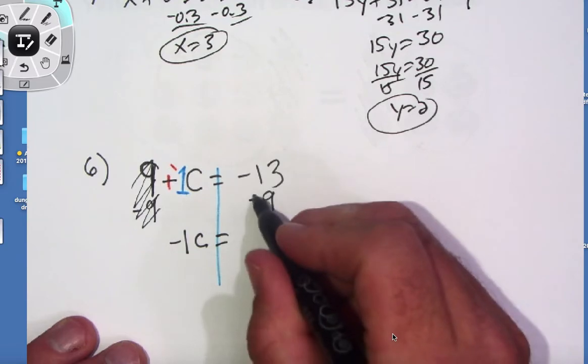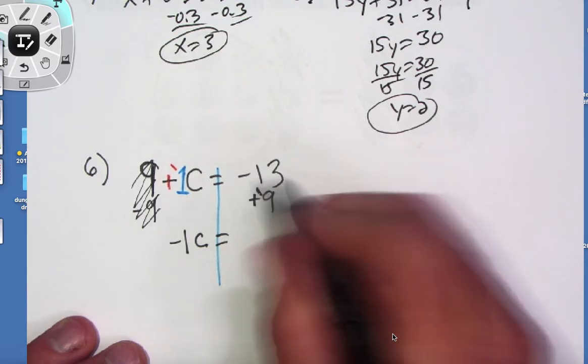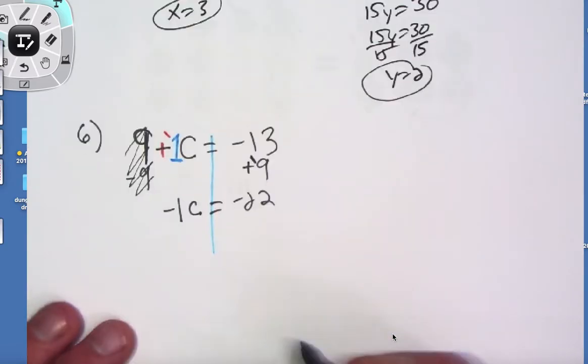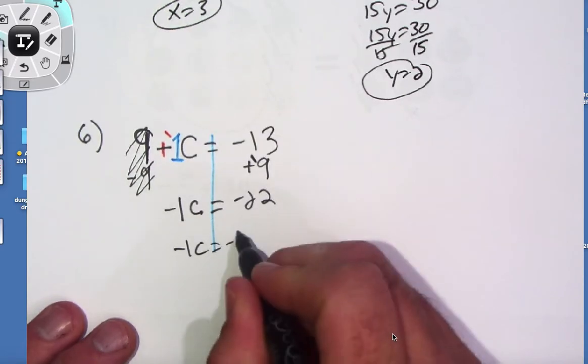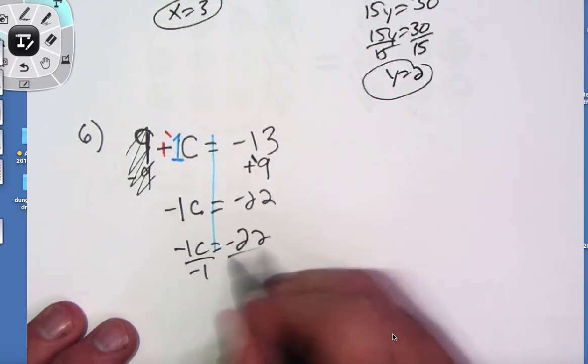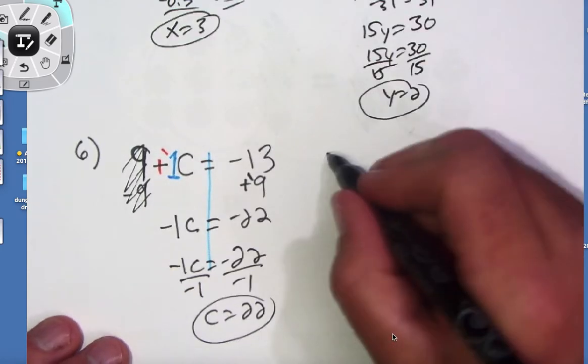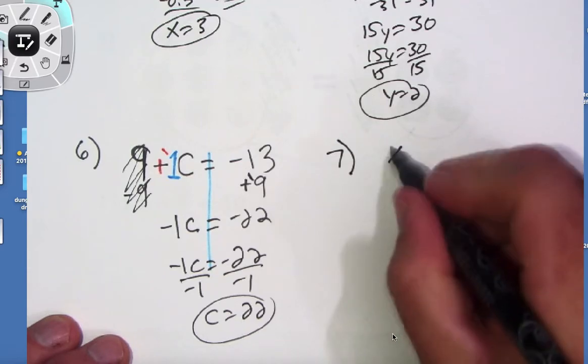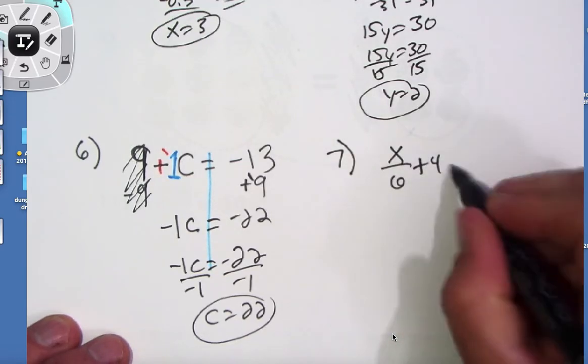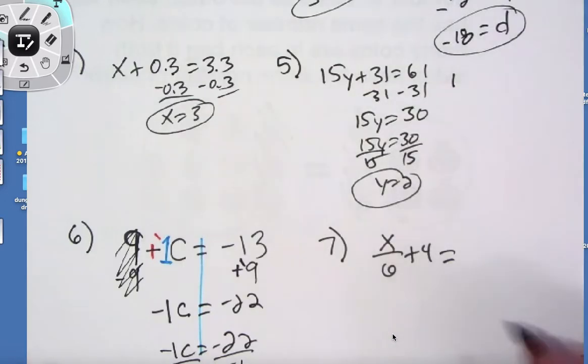Negative 13 minus 9 is the same thing as negative 13 plus negative 9, which is negative 22. And then we can divide both sides by negative 1. C equals 22.